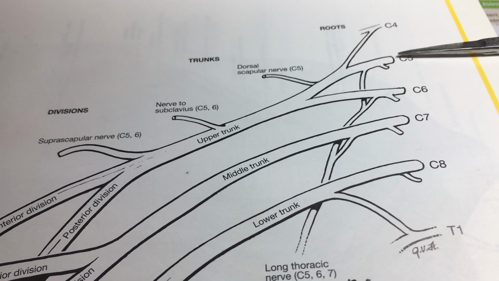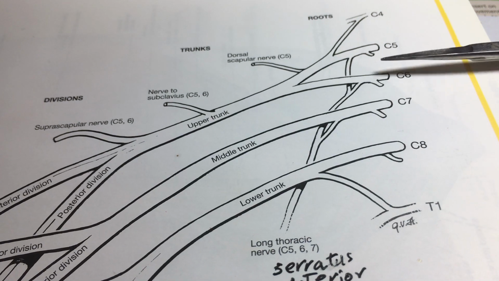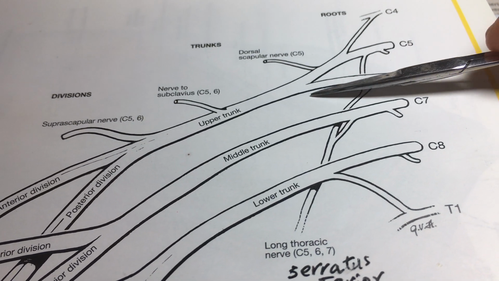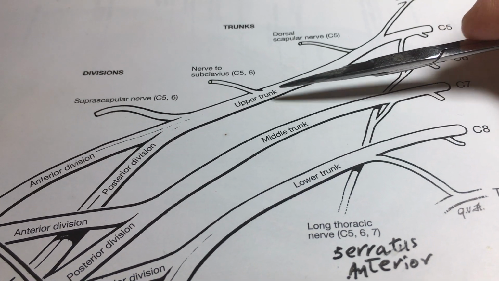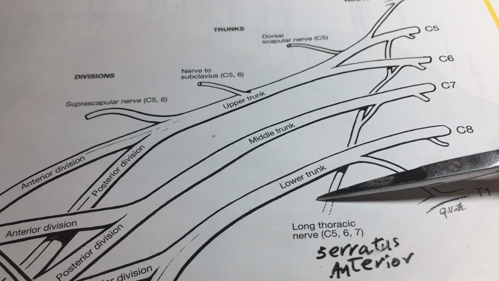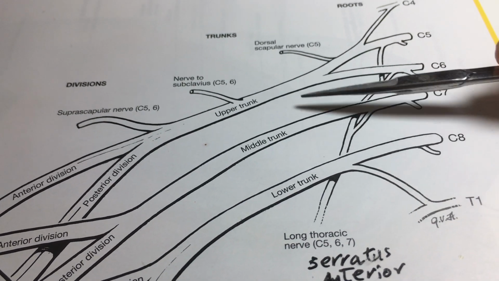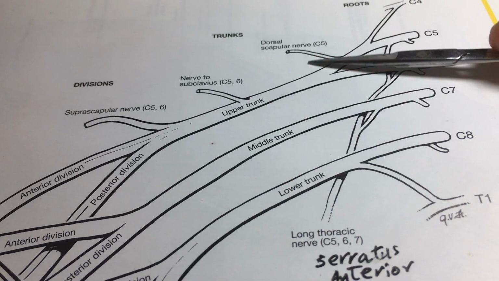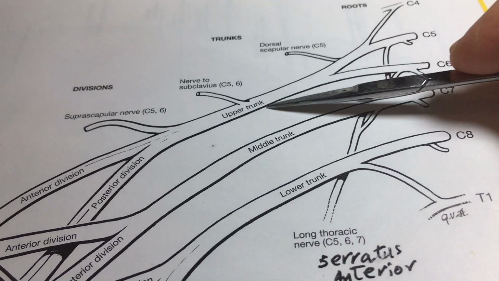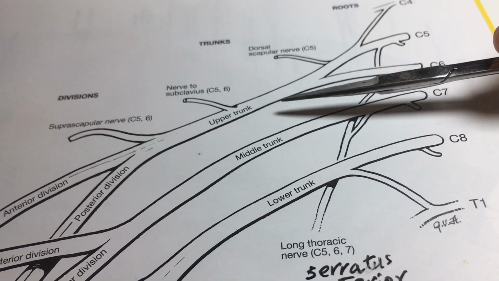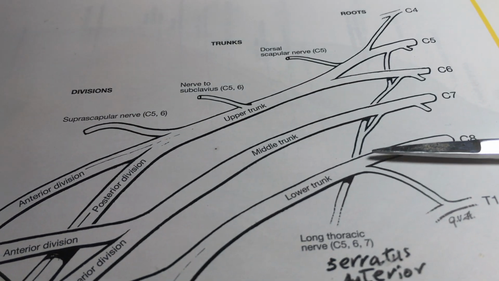We have 1, 2, 3, 4, 5 anterior divisions of spinal nerves, and we're going to come together to form the upper, the middle, and the lower trunk. Right here is that first rib, and then coming across this way and behind is the anterior and middle scalene. So this is what we see emerging when we have that dissection that I showed you over here.